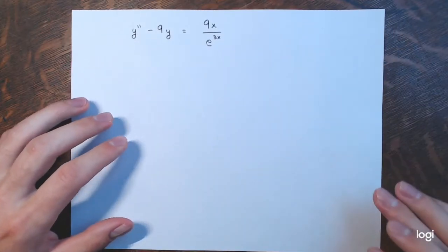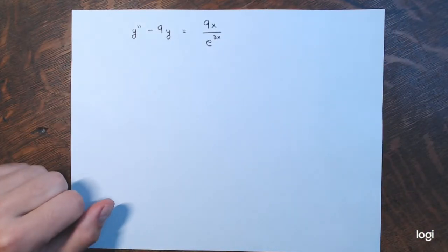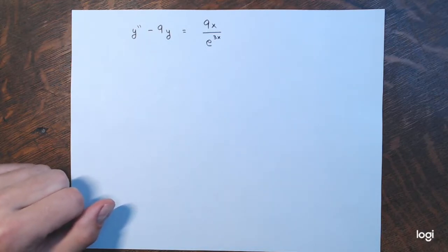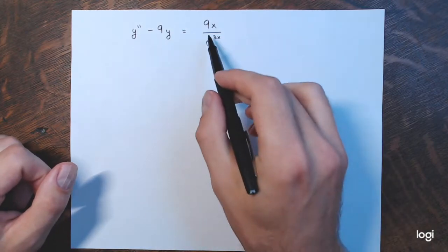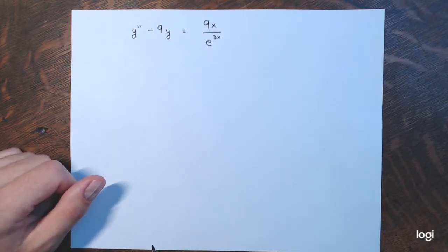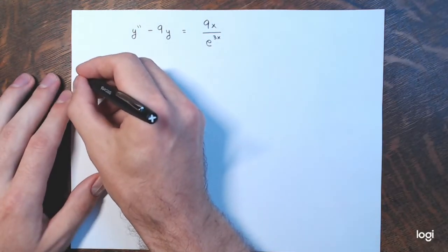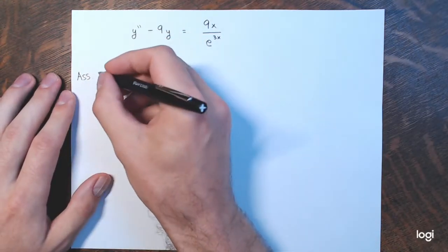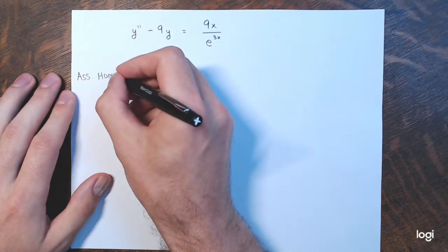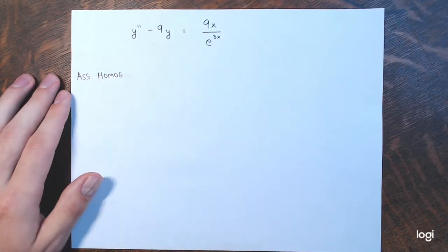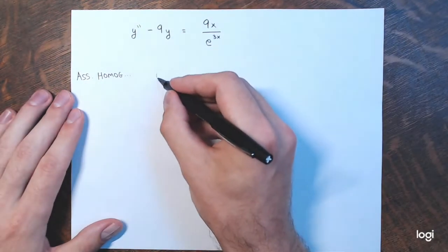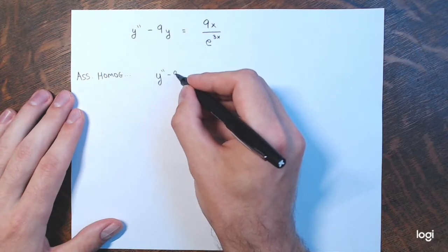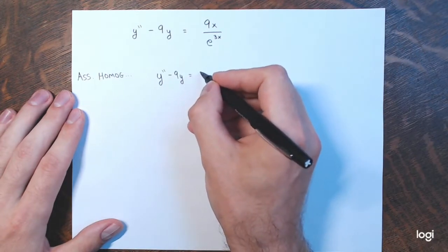So same instructions. Solve this second order linear differential equation, non-homogeneous, by variation of parameters. So again, first I'm going to look at the associated homogeneous equation. So that's y double prime minus 9y equals 0.